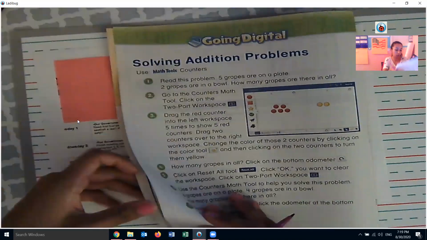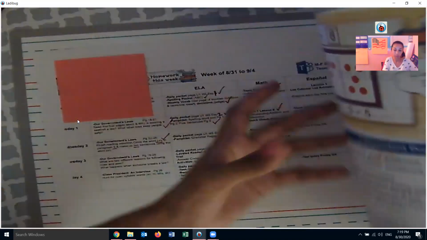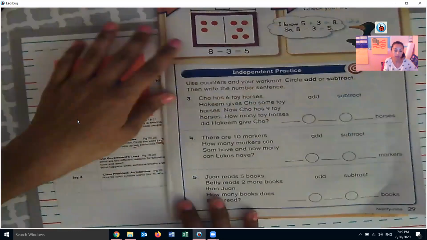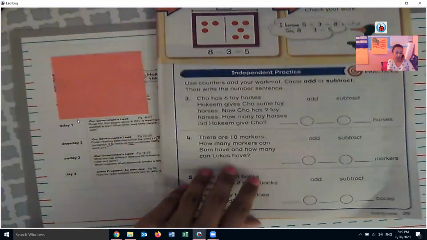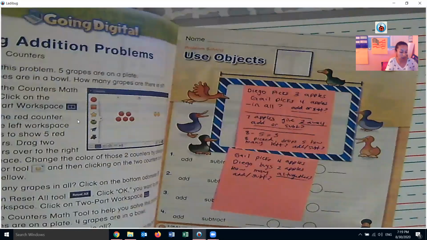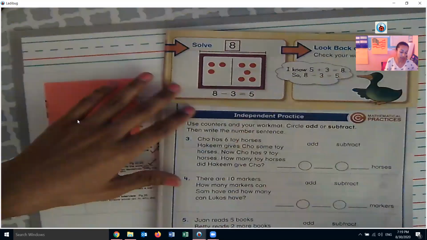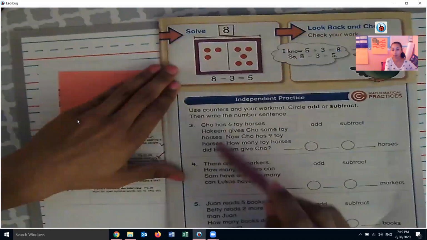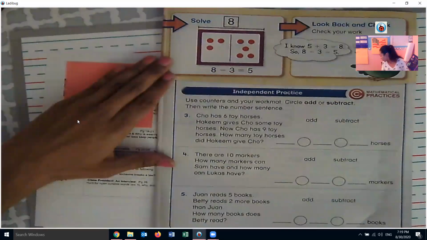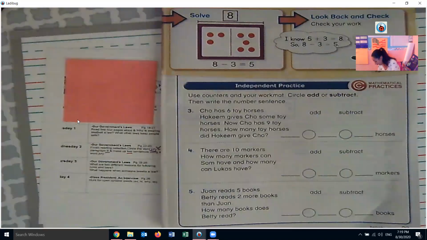And we're just going to do these examples together, 3, 4, 5. So this lesson again was using objects, and you can use counters in your work mat. Remember that in your blue folder, you have counters, and you also have a little mat to work in.